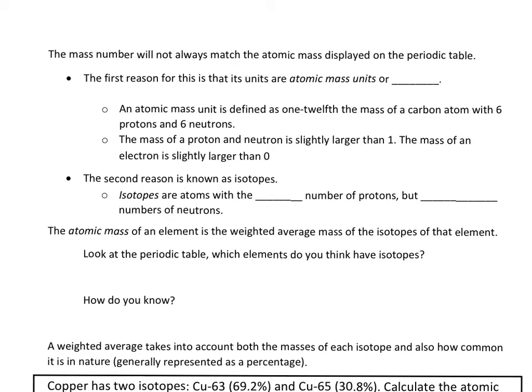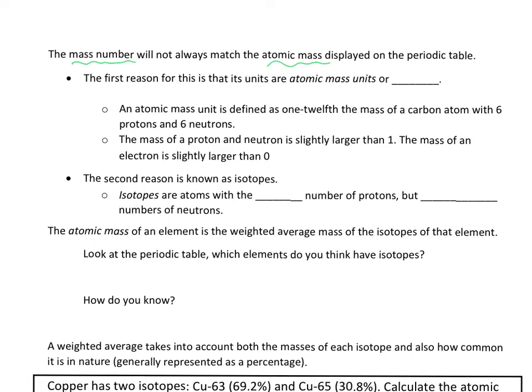So we talked about the mass numbers on the periodic table being our atomic mass. Or sorry, that was a very confusing way to say it. Mass numbers are not always going to match the atomic masses on the periodic table, okay? So essentially this and this are not the same.